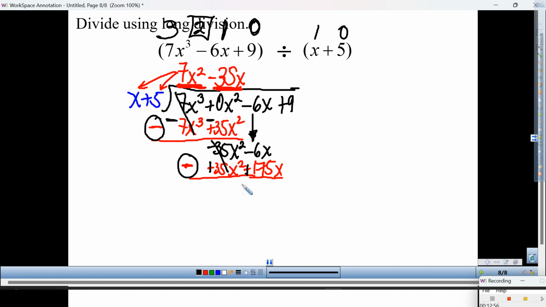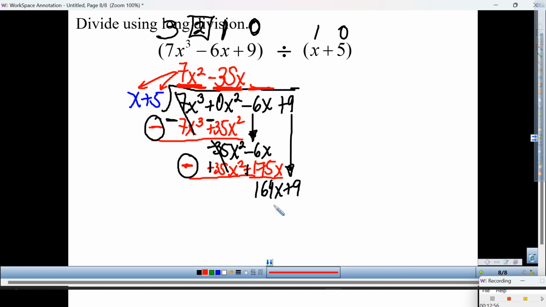So these cancel. 175x minus 6, that's 169x. We bring down the last term. Plus 9. Question. What number times x gives us 169x?